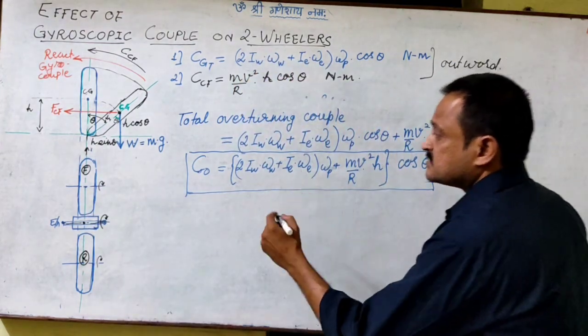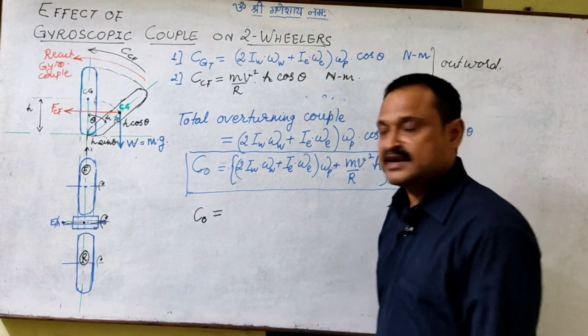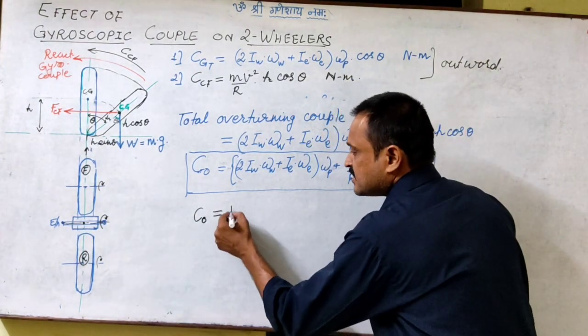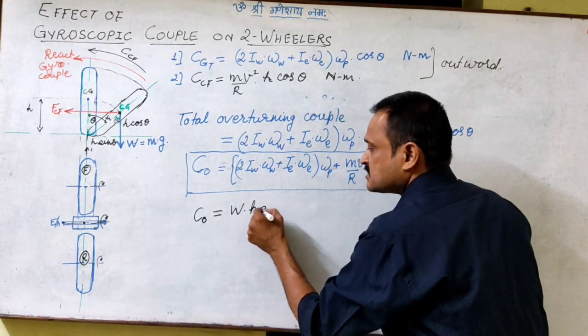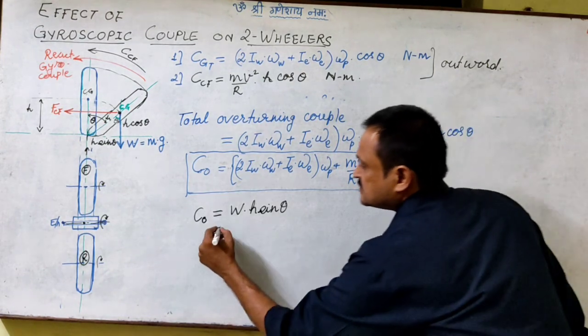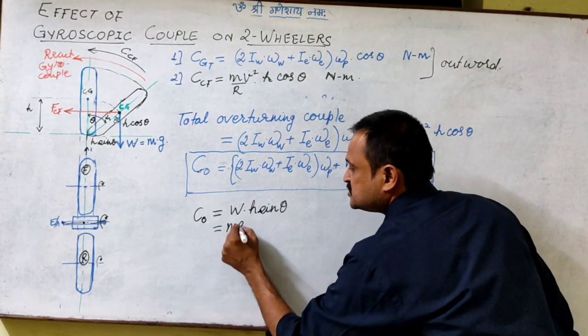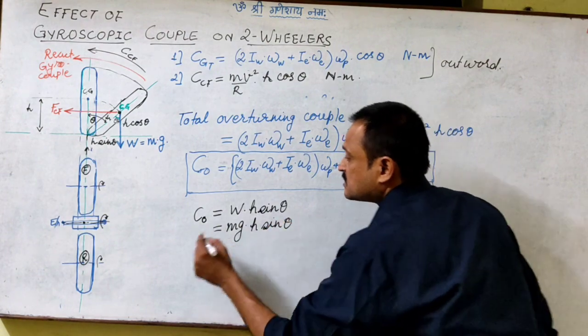So that means this total overturning couple is getting compensated with the help of mg into h sine theta, or I can say this is mgh sine theta, right?